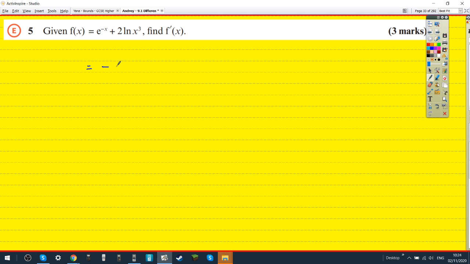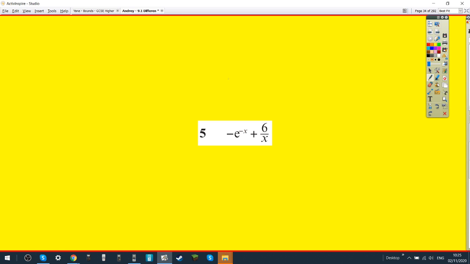Yeah. And so, wait, so when it's 2 ln x cubed, is that the same as 6 ln x? Yep. And so will that then become, so that's plus 6 over x? I think that's it. Minus, yeah, 6 over x, grand.